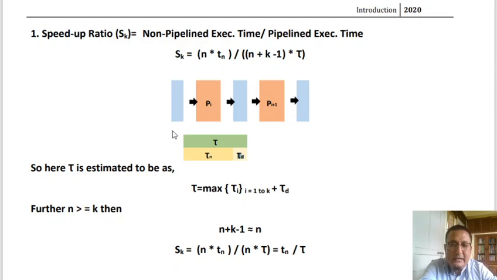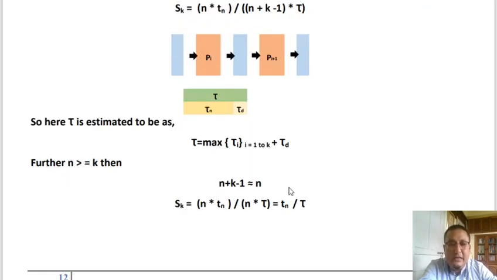So based on that, a generic equation is formulated where tau is equal to the maximum of all the tau i's, the maximum of all the time required for phases, plus tau d, where tau d is the delay. So tau is estimated as max of tau i plus tau d. This is a very important relation or expression that you need to understand, right?